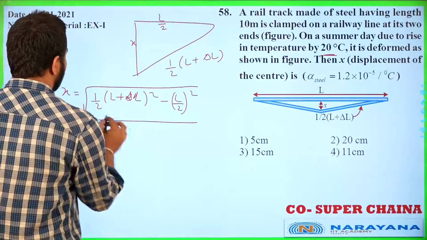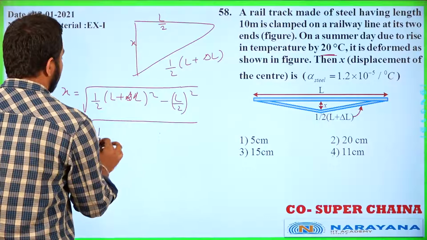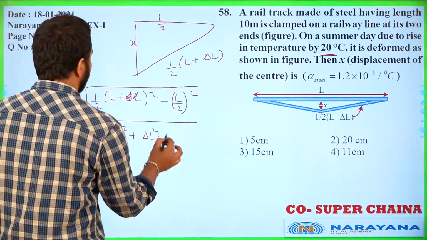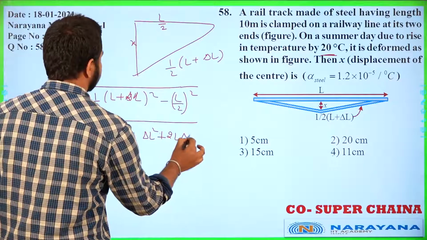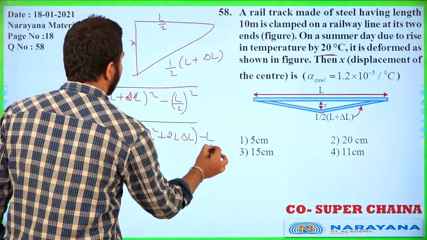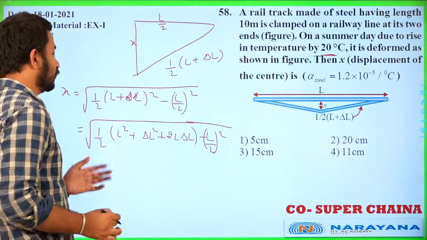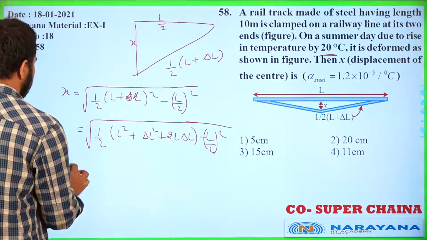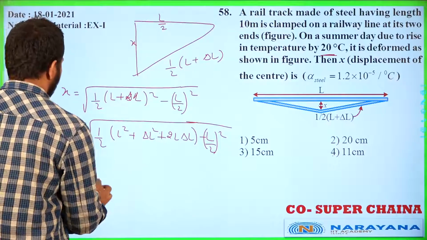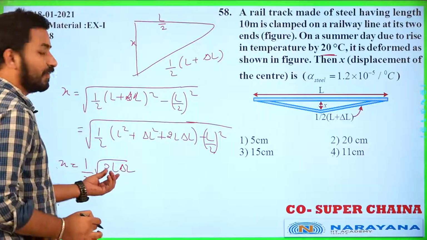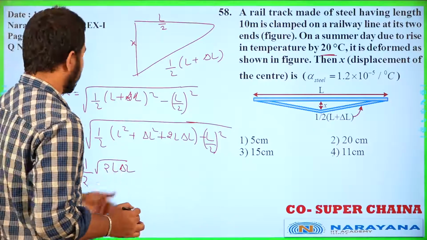This will be half of the square root of L square plus delta L whole square plus 2L delta L minus L by 2 whole square. So this L square and L by 2 square can be cancelled out here. So x will be half under root of 2L delta L. Delta L value you can plug in in terms of alpha delta theta.